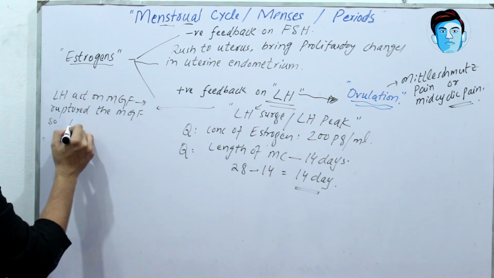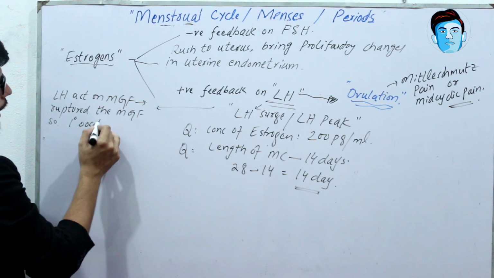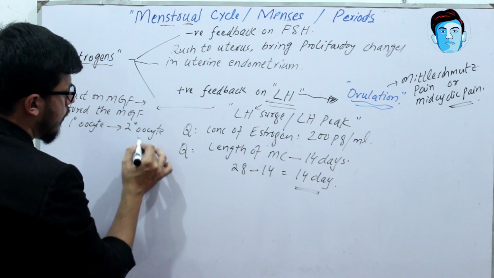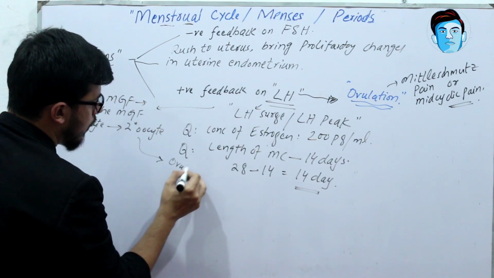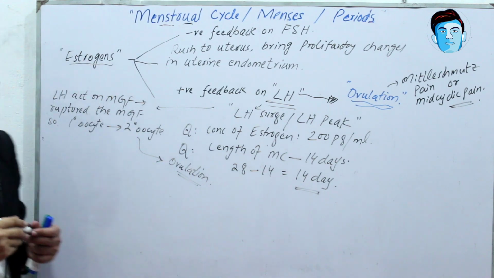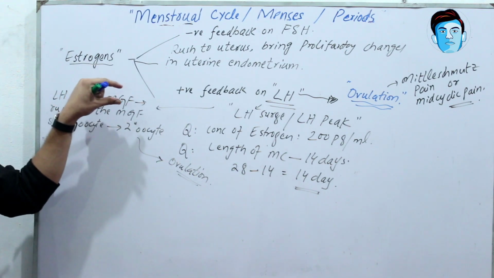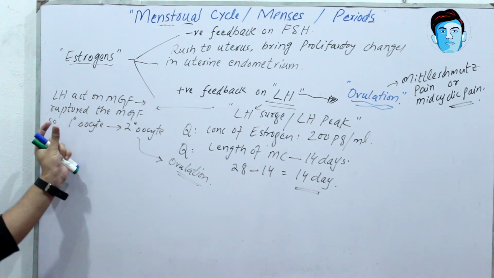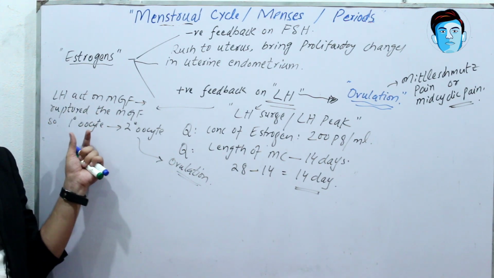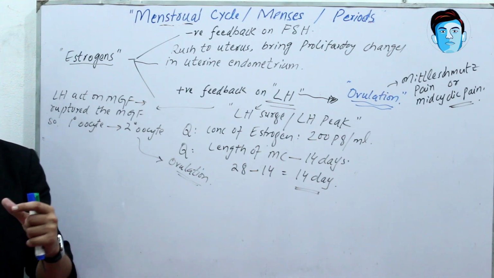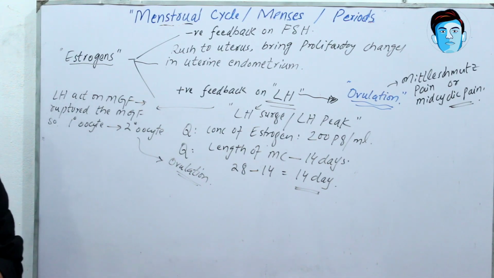What happens is that the primary oocyte converts into the secondary oocyte, and this is what we call ovulation. What is ovulation? It is the release of the secondary oocyte.